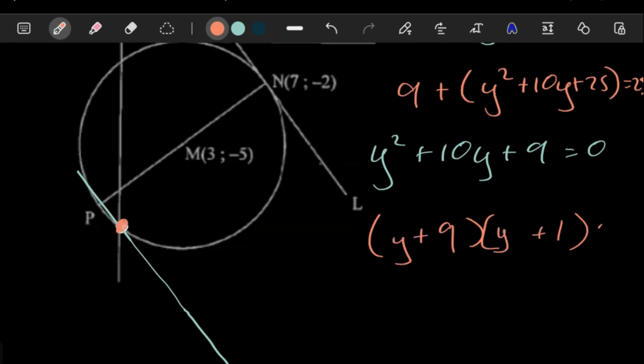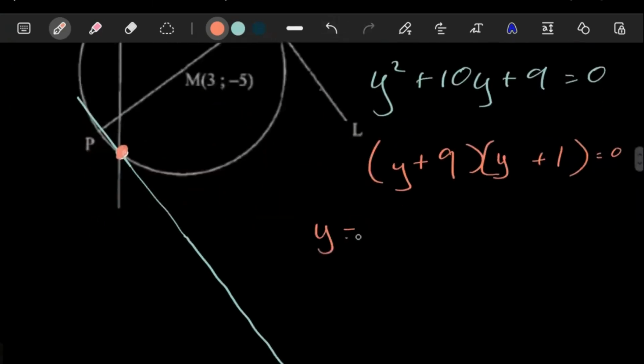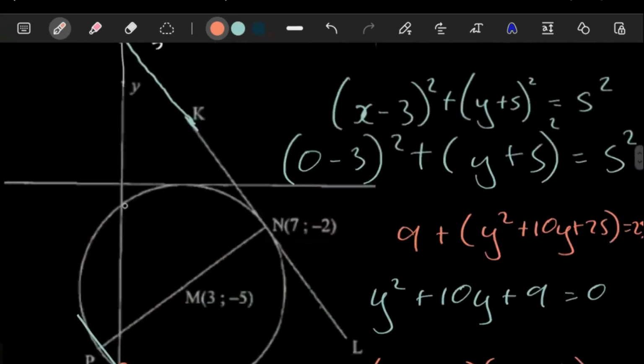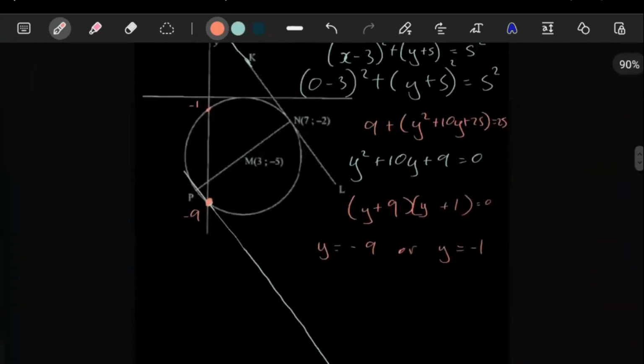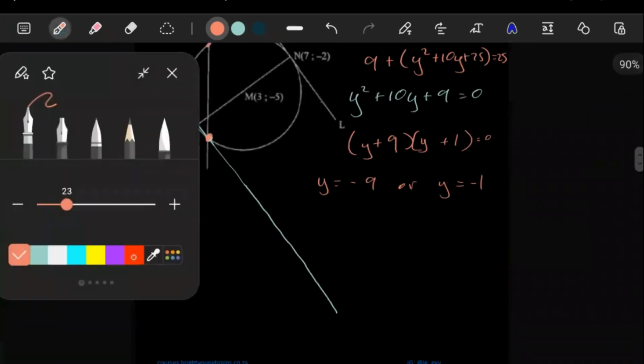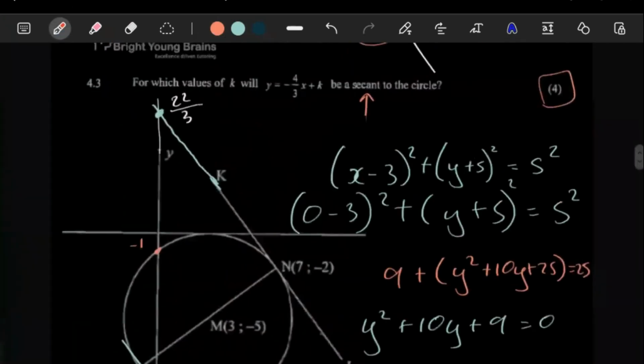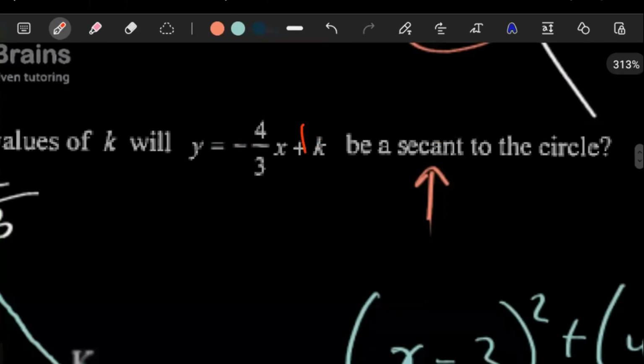So these are going to be your two answers for y. The y value is going to be either -9 or -1. This is the one that's -1, and this is the one that's -9. So this is where some of your 4 marks are going to come from. So now you're going to need to say that this y-intercept here.